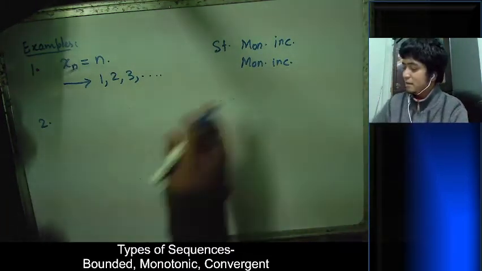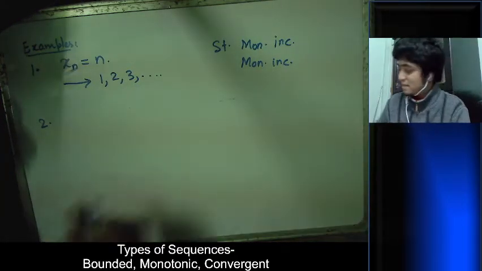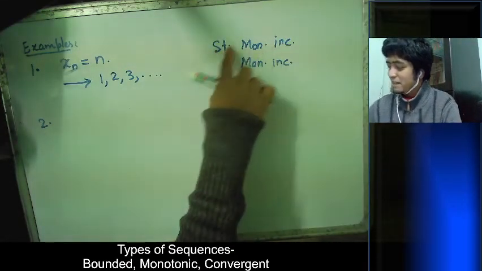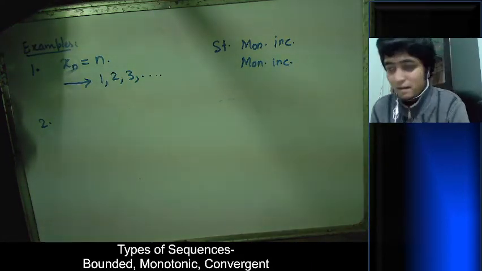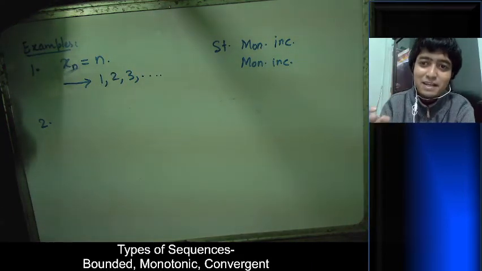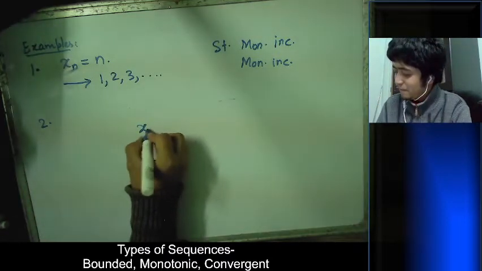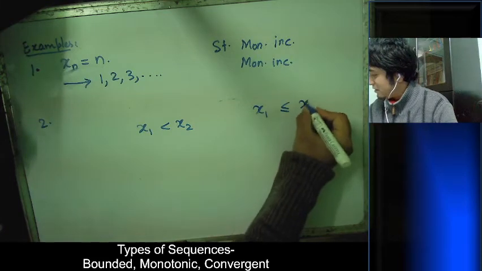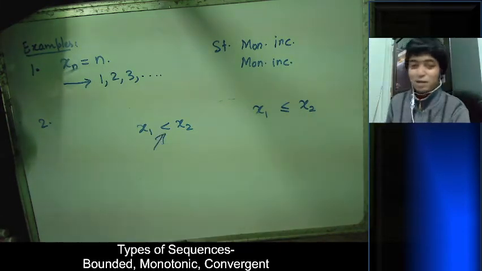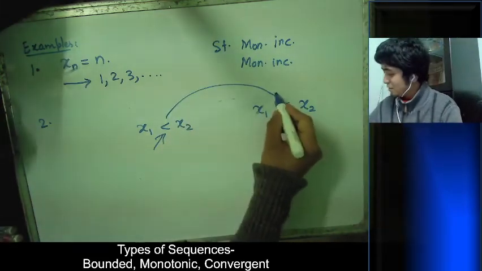But just know that whenever a sequence is strictly monotonic, then it will also be monotonic. You can even think of it in this way. This one, you are having this symbol, so this one is also present over here.